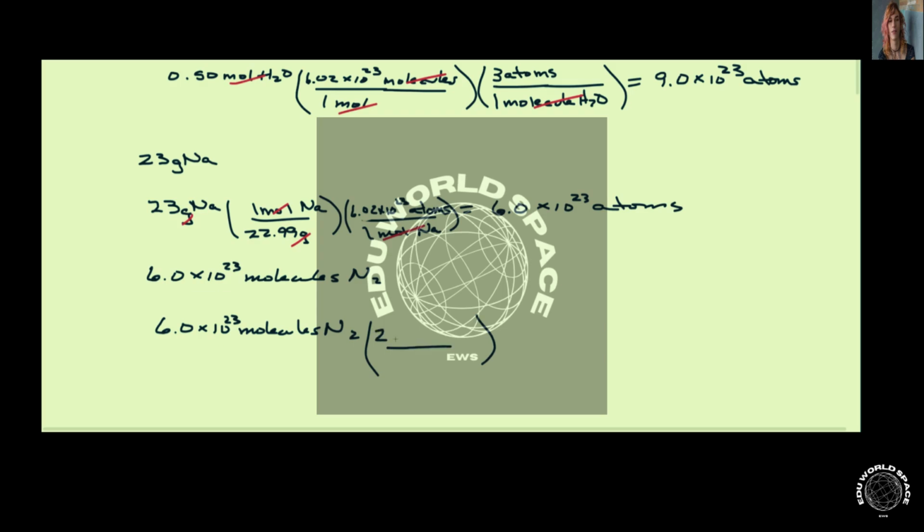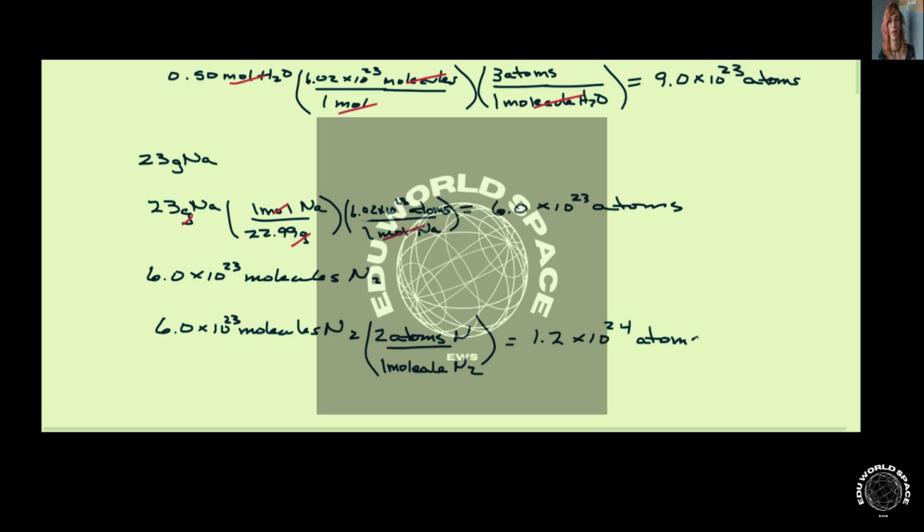There's 2 atoms of N in every 1 molecule of N2. So we're actually going to have to multiply that value by 2. And so with 2 significant figures we're going to get 1.2 times 10 to the 24th atoms.